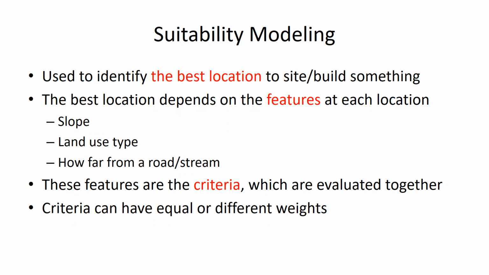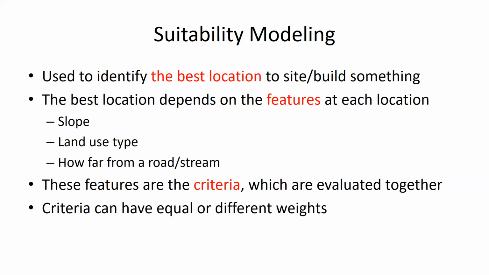So suitability modeling combines the variables from those features as layers, and it then stacks them and calculates the most suitable areas, the areas where all of those features are present or at an optimal level, and generates a probabilistic outcome of where is the best location, right?